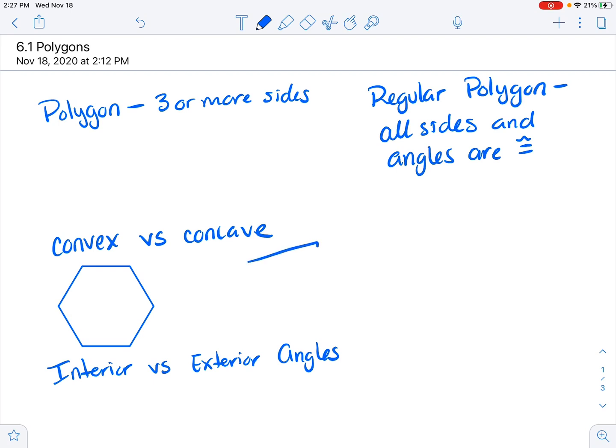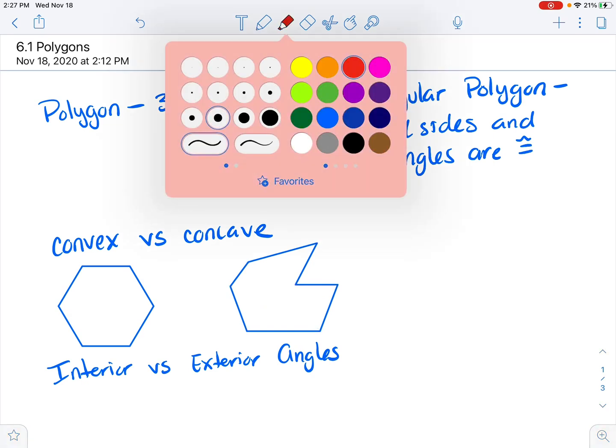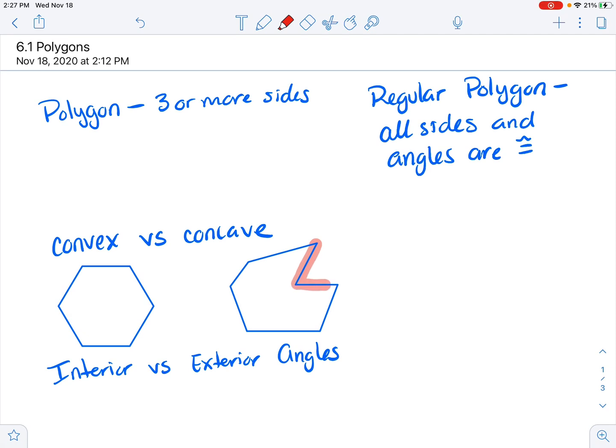So if I have a polygon that has this indented part into it right here, this makes it concave. It's coming into the figure. Okay, now if you want the formal definition, if I extend all of these lines, see how I'm extending them?